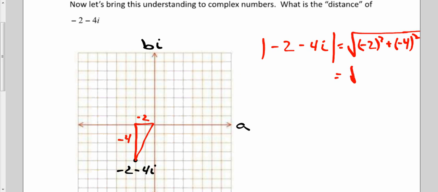So what is negative 2 squared? And what's negative 4 squared? How do I simplify that?